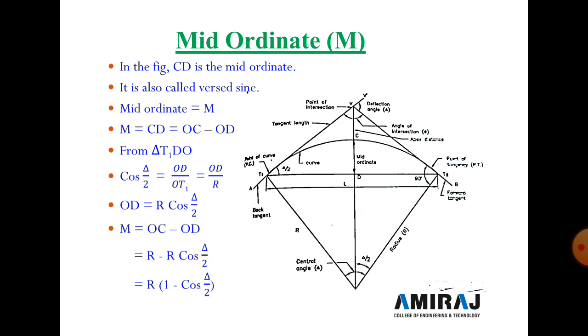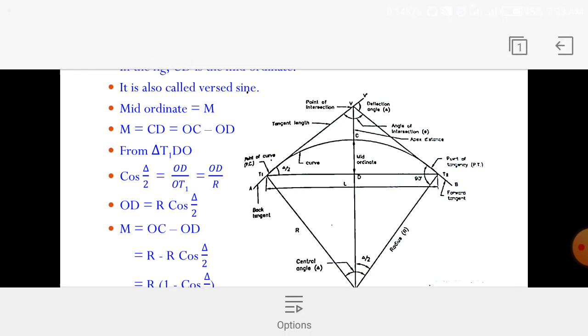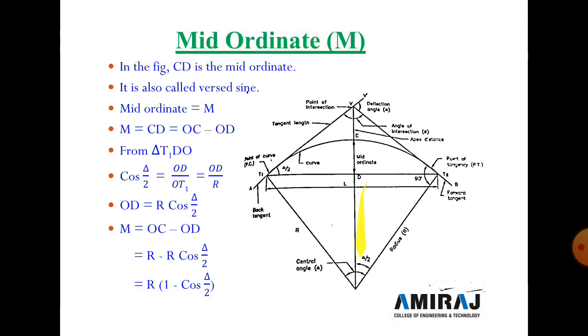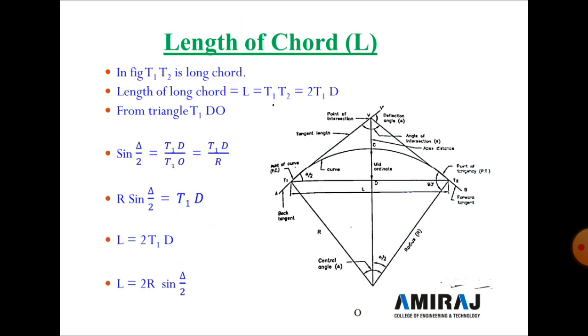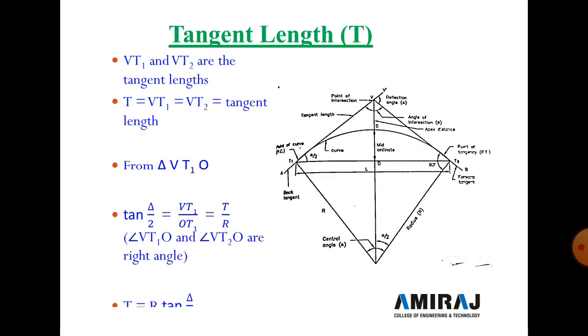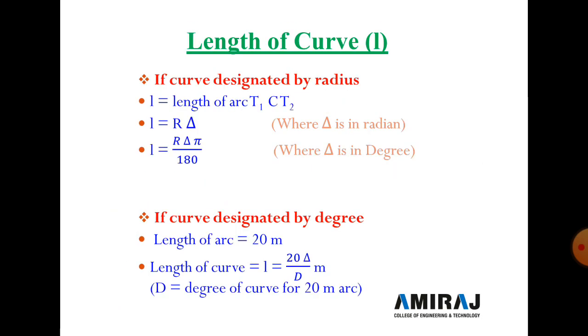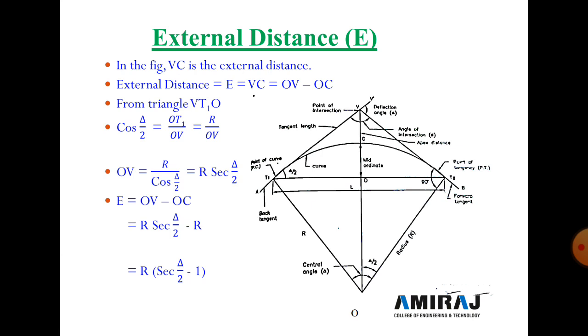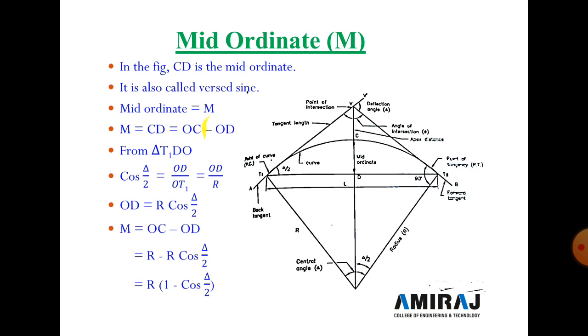So we take the triangle T1DO. In this triangle, cos delta by 2 is equal to OD divided by OT1, so OD divided by R. So OD is equal to R cos delta by 2. Now put the value of OD in this equation: M is equal to OC minus OD.